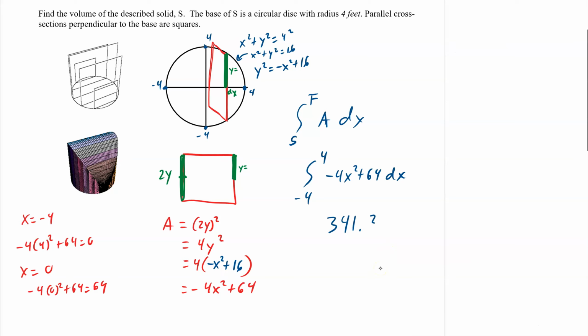So 341.33, and this is now cubic feet. And you can see where it's coming from. Remember, this is feet and feet, so feet times feet is feet squared, and then the thickness is another foot, so it's cubic feet. All this does is add up all those paper thin volumes. So we found the volume of that one sheet, and that one sheet, and that one sheet. And the integral says, let's just add them all up from negative 4 to 4, and that gives us our volume.